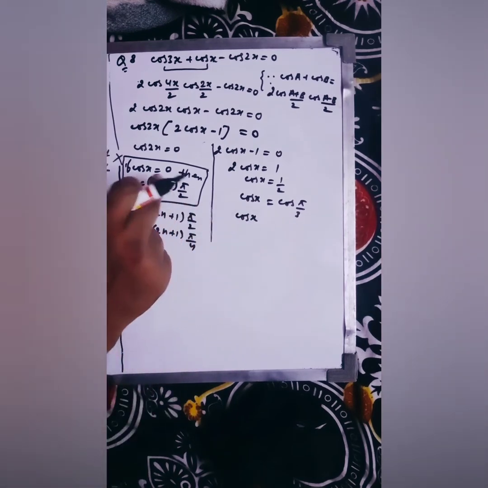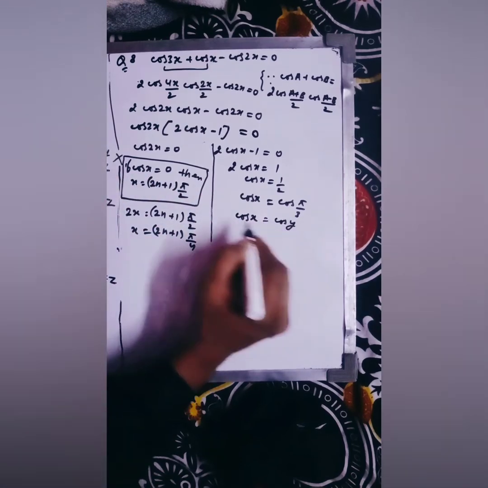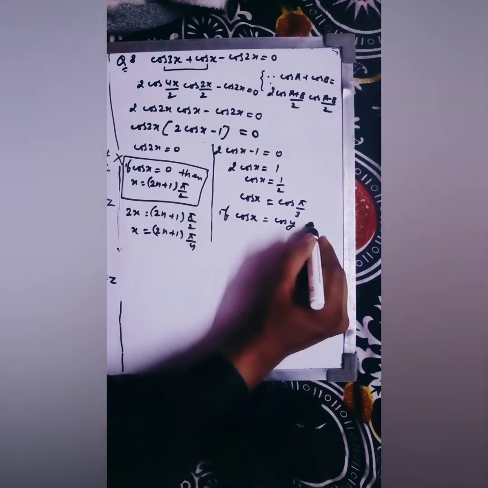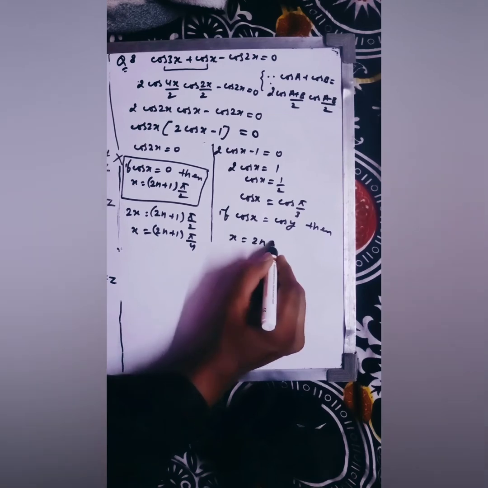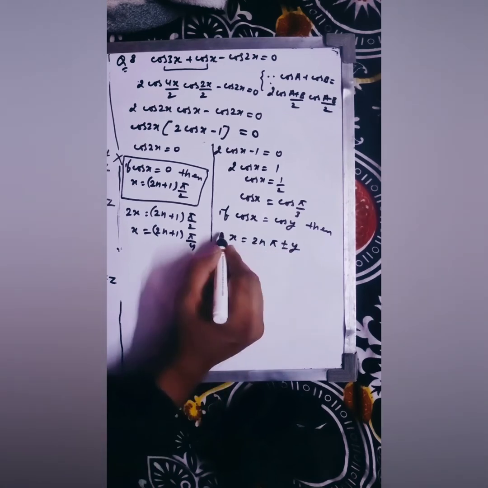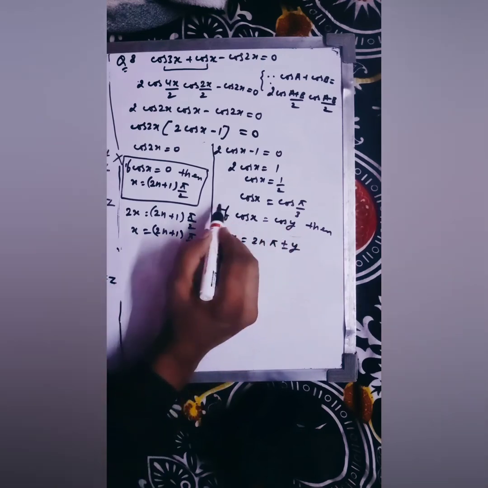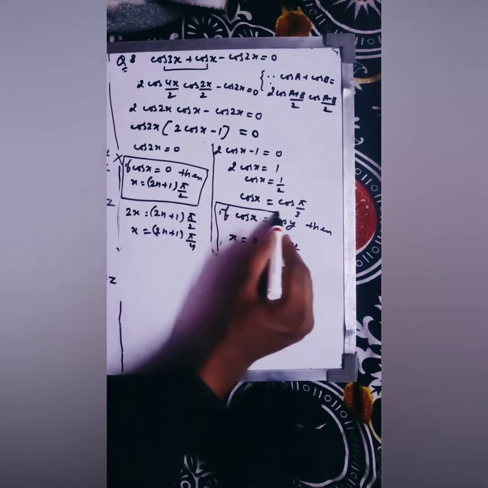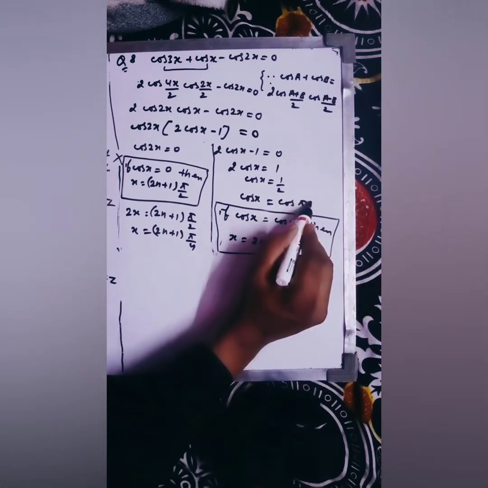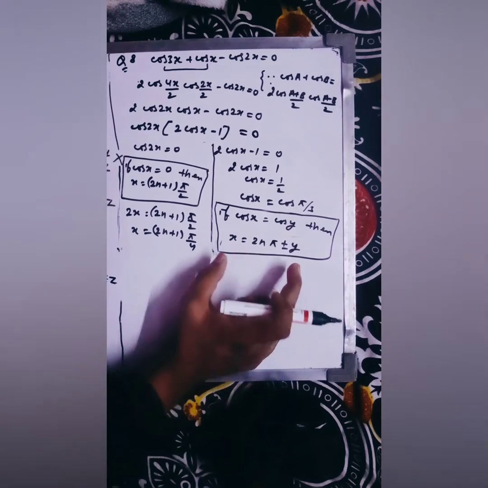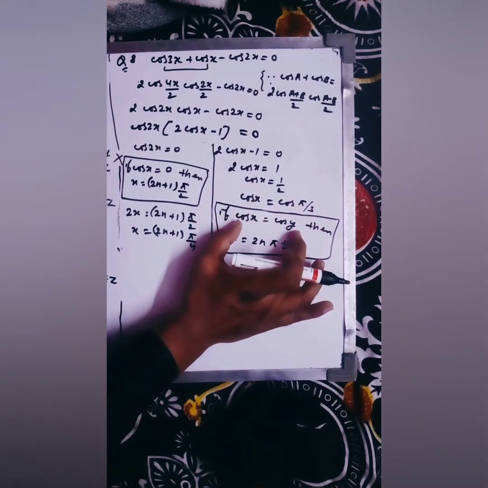Now you have to apply the formula which I had written, that is cos x equals to cos y, then your x is equals to 2n pi plus minus y. This is your general formula. So your question is coming in this form, cos x equals to cos y.